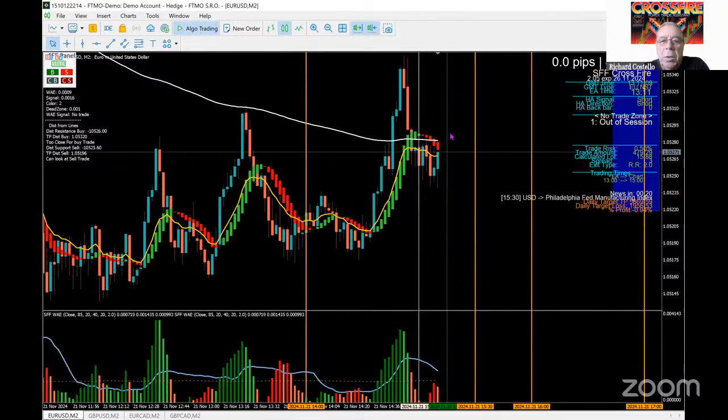But we're all set. When we get to the green vertical line, we'll get some trend lines drawn, and we'll be able to trade for about 10 minutes, and then it'll stop and won't get into any trades for a further 10 minutes, and then we'll be good to go.